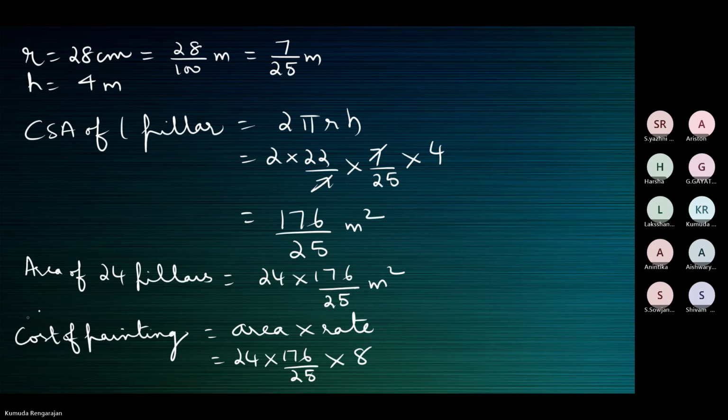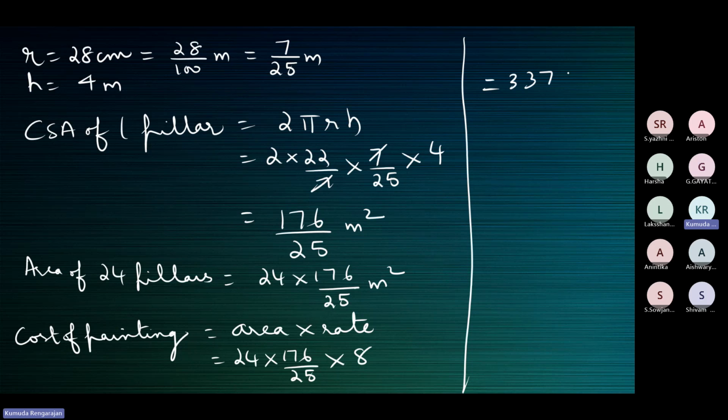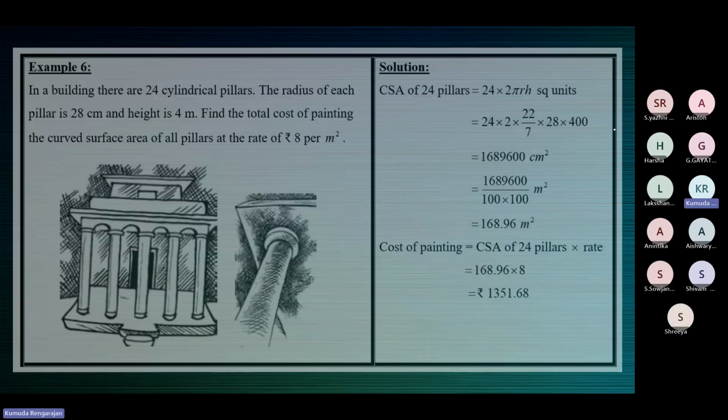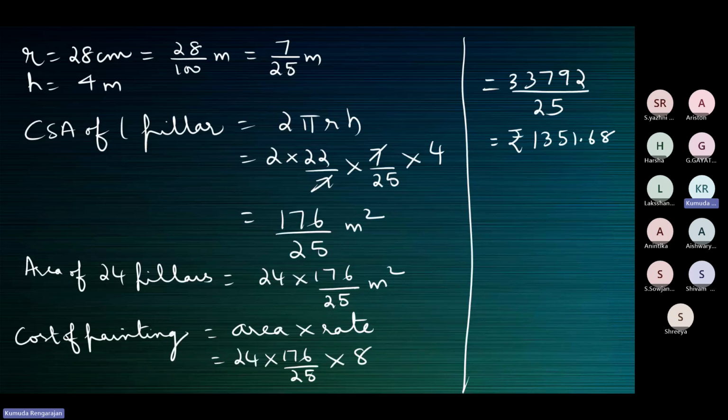So let's continue here, using a calculator. 24 into 176 into 8 is 33,792, divided by 25 gives 1351.68. I have not made any careless mistake.